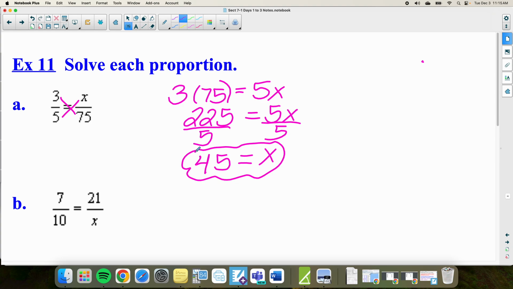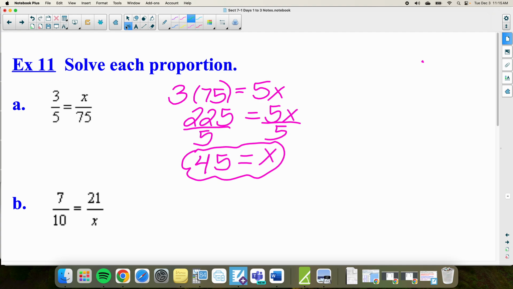Okay? There is a shortcut way to do proportions that I'm going to show you, and the reason I'm showing you this is for the rest of this chapter, we do a lot of proportions like that, and it's super easy to do them just typing it into your calculator. And when it works is when you have an x or some variable, and the other 3 numbers are just plain numbers, they don't have an x with them.